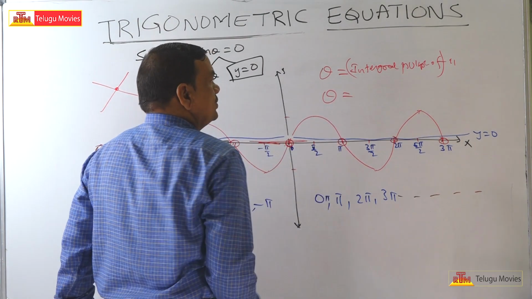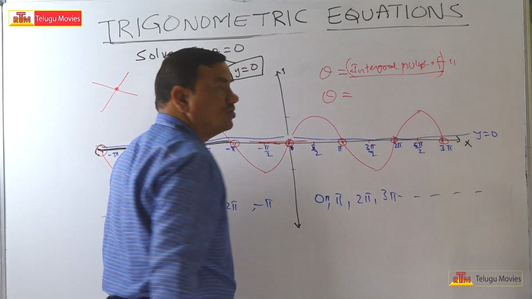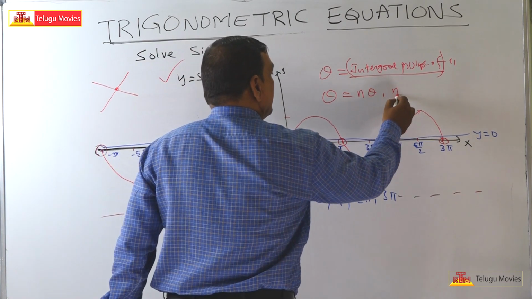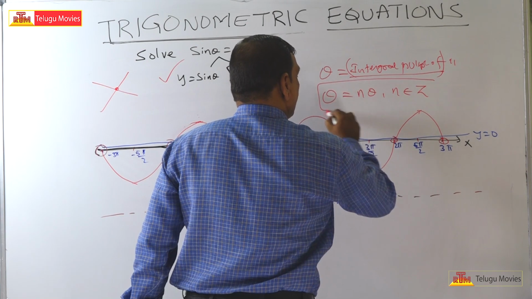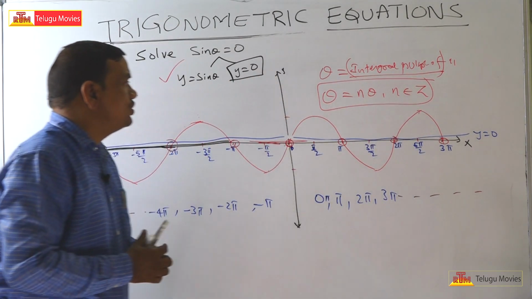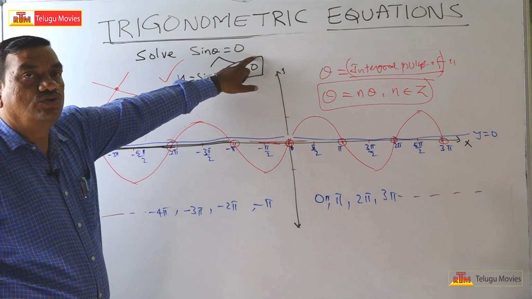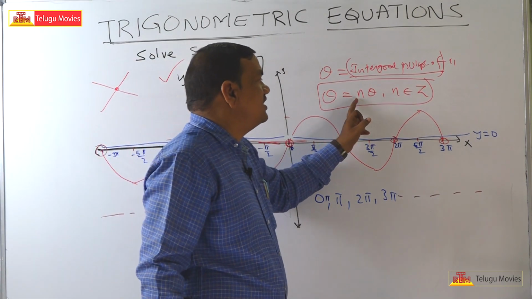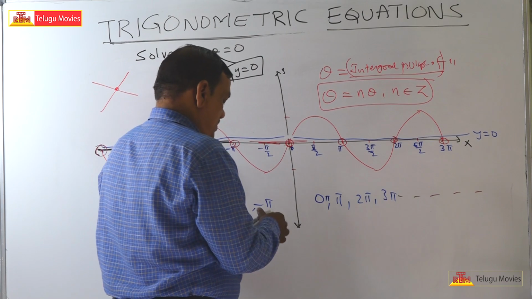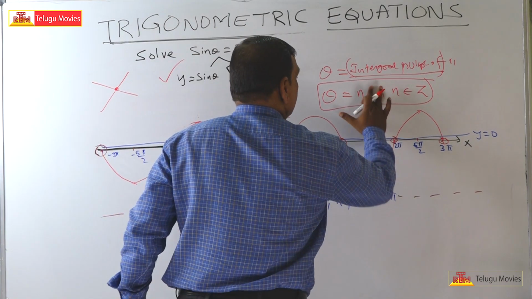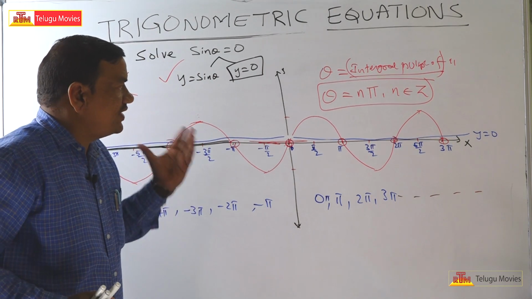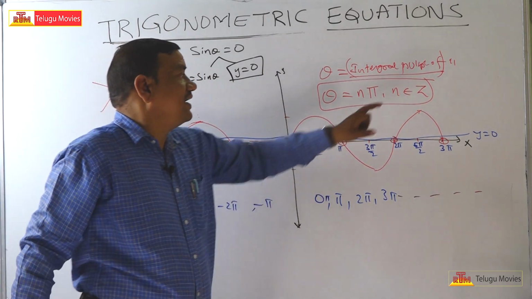Therefore, theta is equal to n pi, where n is an integer. So this is the solution of sin theta is equal to 0. The solution of sin theta is equal to 0 is theta is equal to n pi, where n is an integer.